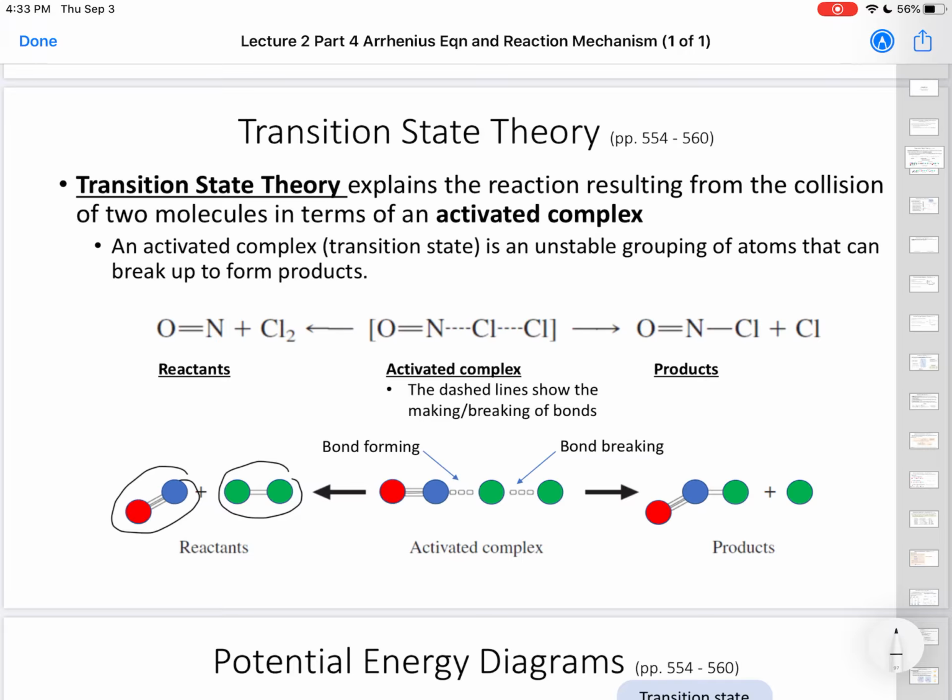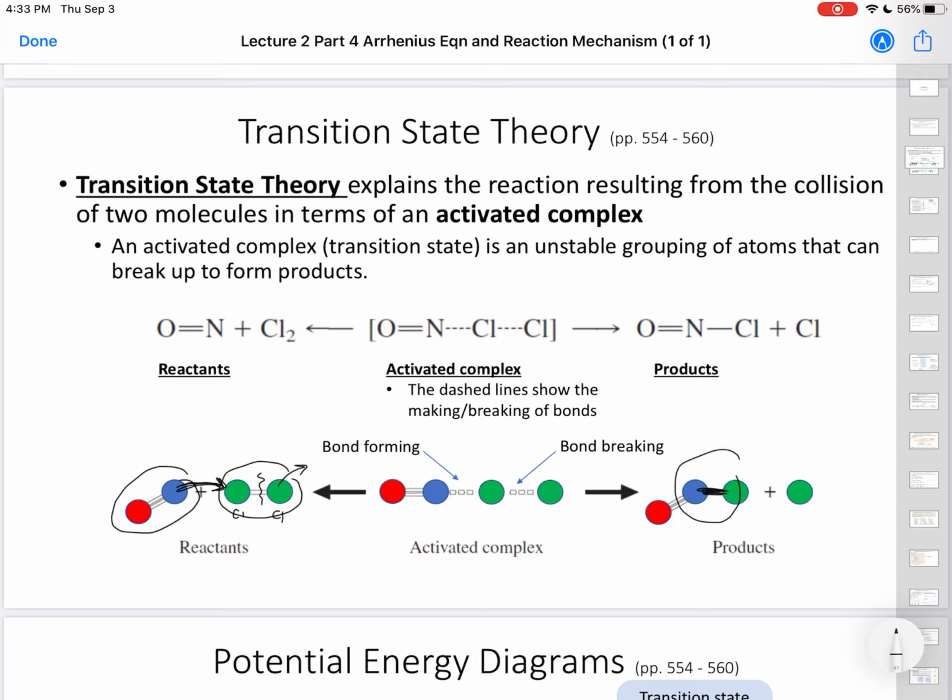It collides hard enough, with enough kinetic energy, that it kicks off this Cl and breaks the Cl-Cl bond. The result is that a new bond is formed here, and the bond between the Cl and Cl has been broken.